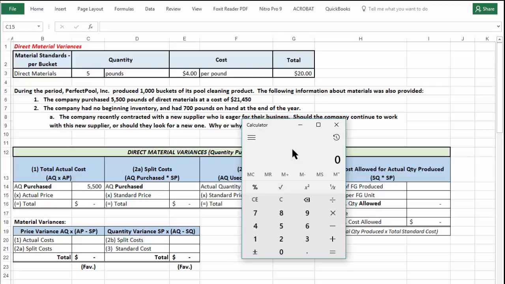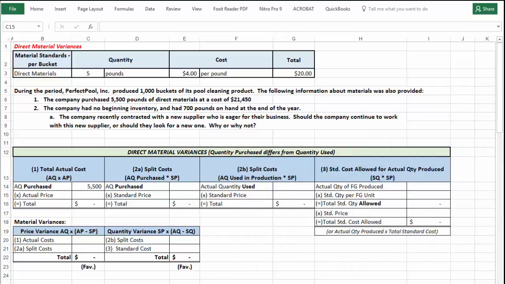So let's do a little math here. $21,450 divided by 5,500 pounds of material yields a price per pound of $3.90.